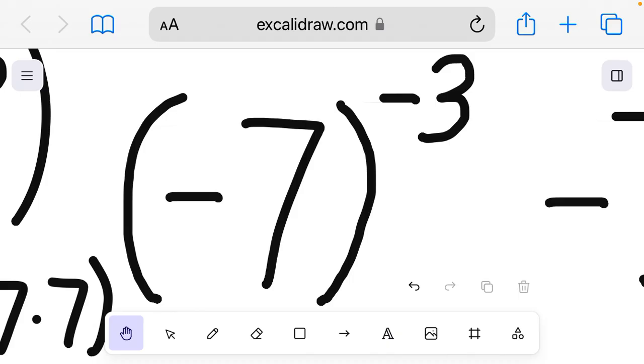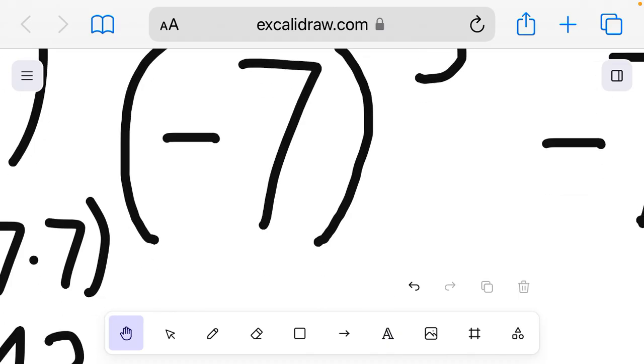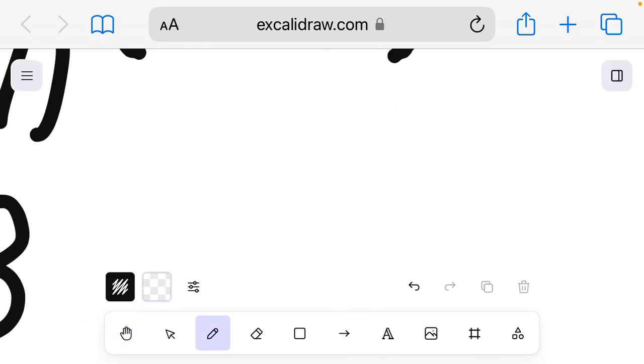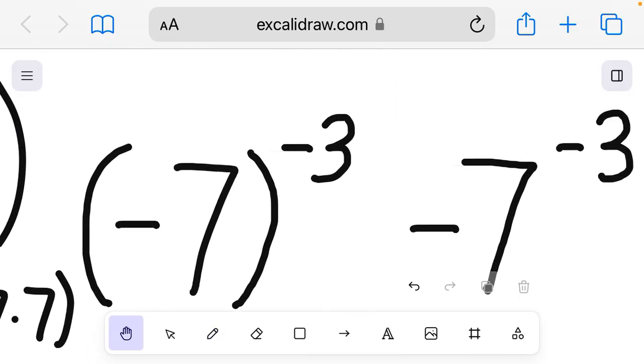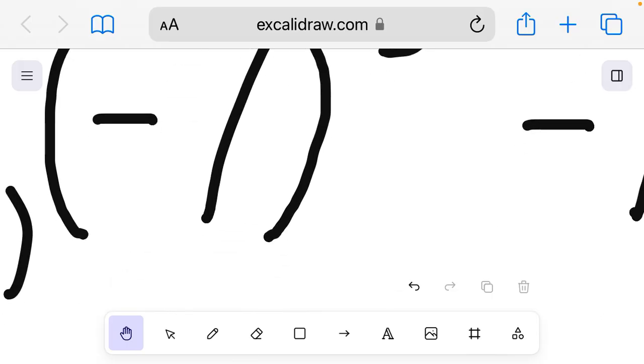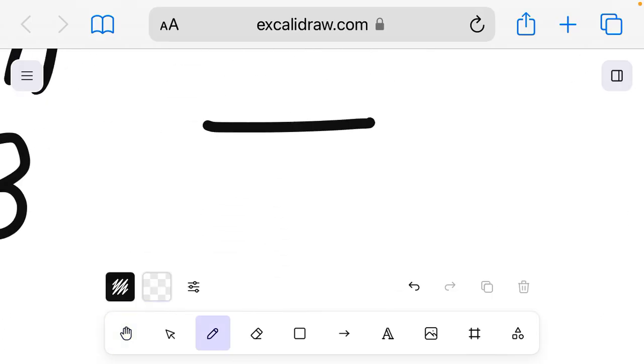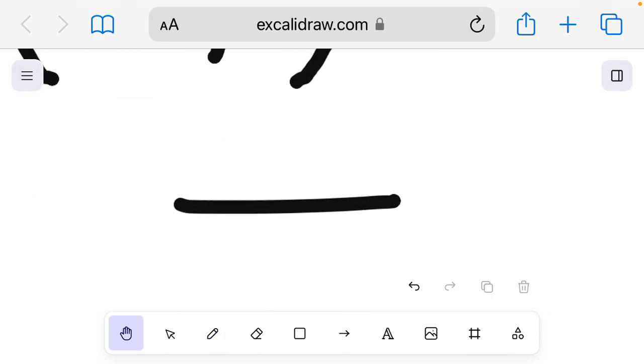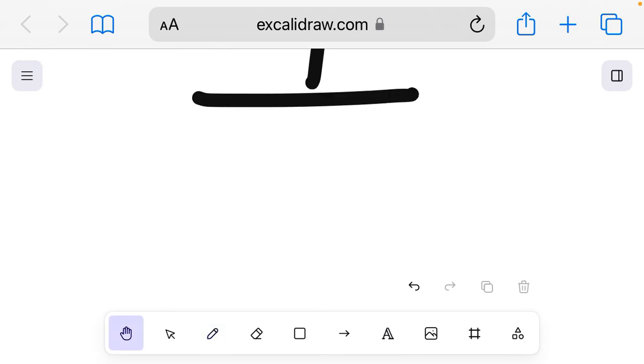Now, on to the penultimate question of this set. We have negative 7 in parentheses, to the negative 3. Remember, parentheses lock the whole base in. So you write like this. But also, we have the negative exponent, so we have to write it as a fraction. So we write 1 over the base to its positive exponent.